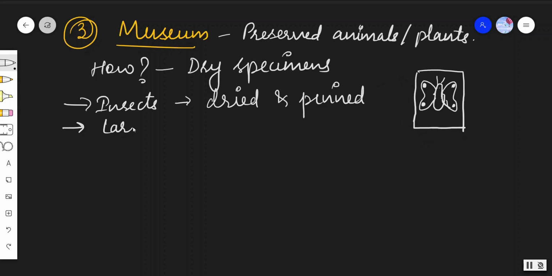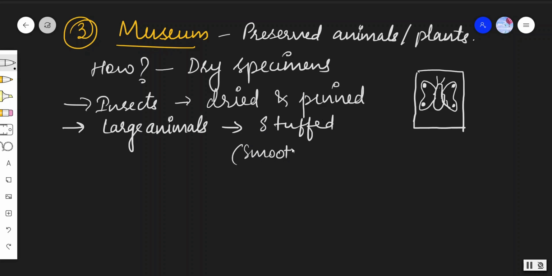Second one is large animals. Large animals are actually stuffed. The soft tissues are removed first and filled with dry grass.